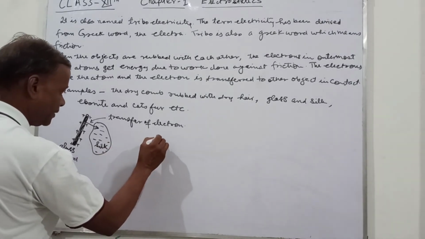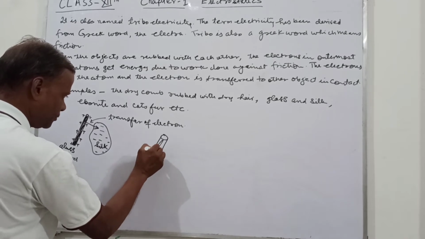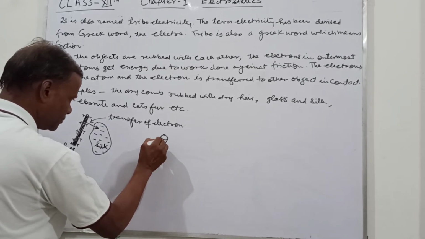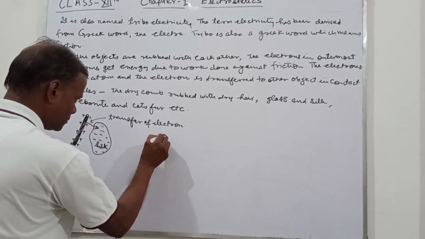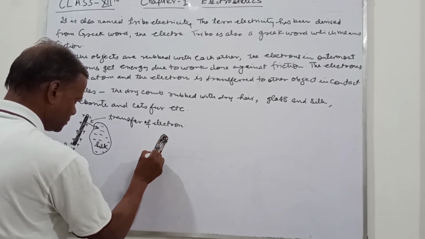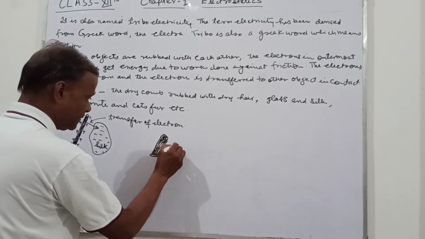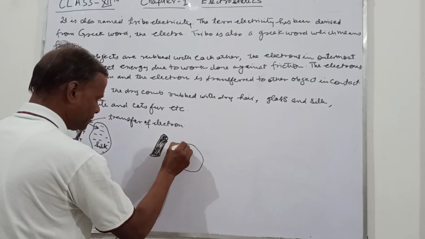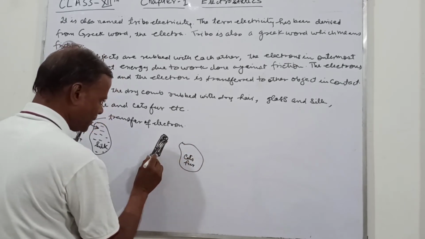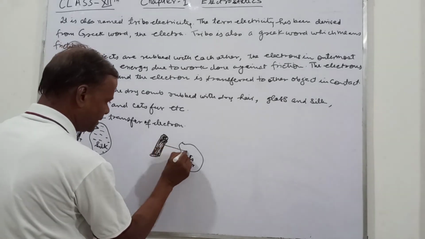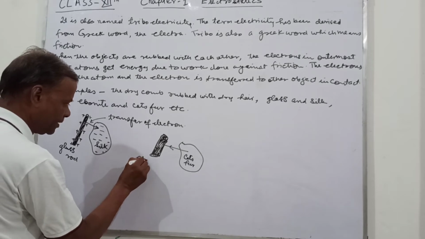Similarly, if we have an ebonite rod and cat's fur, then the electrons will transfer from cat's fur to the ebonite rod.